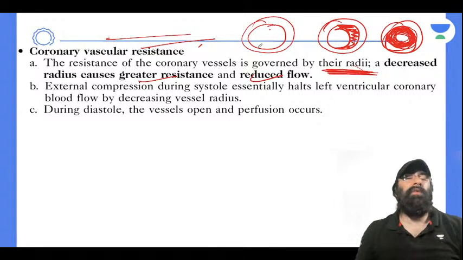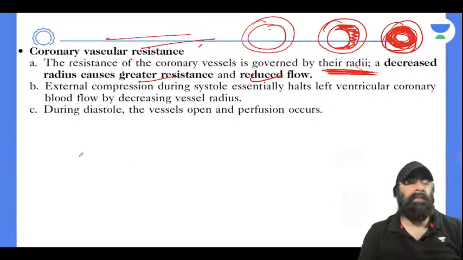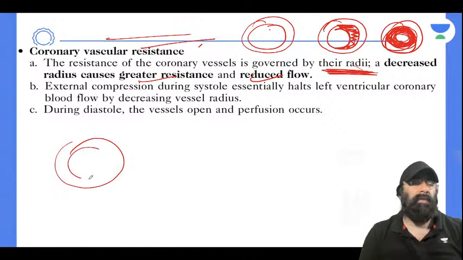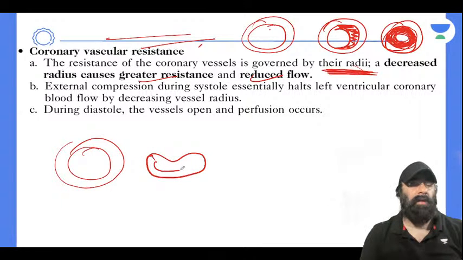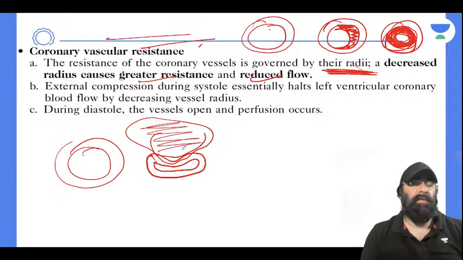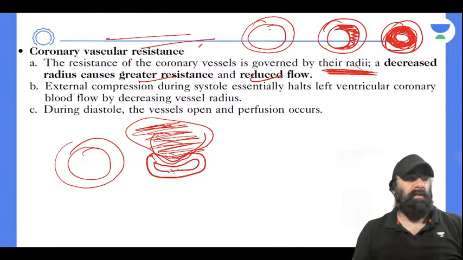Even if the vessel is just externally compressed, something is compressing this particular vessel, say some kind of tumor or some kind of pressure, this will increase the vascular resistance.